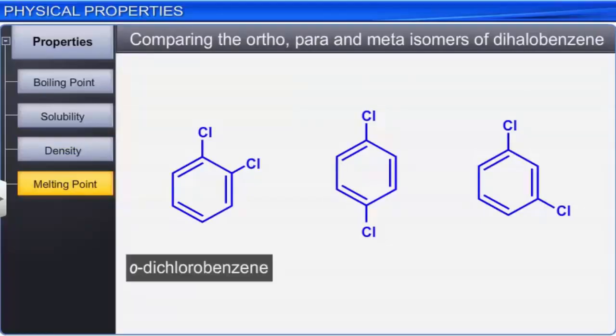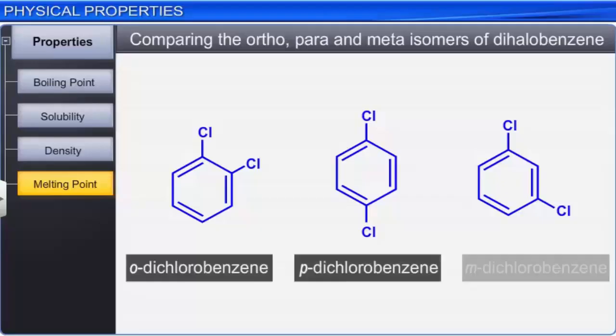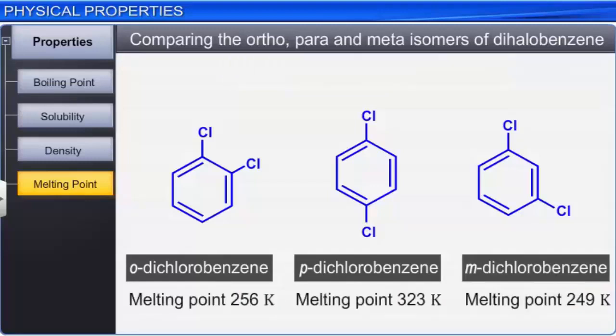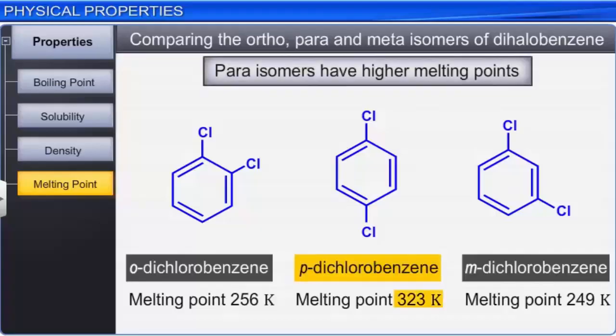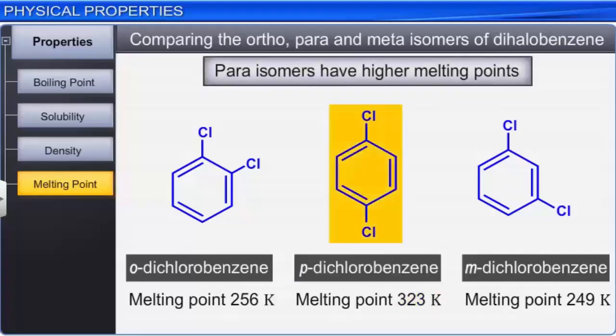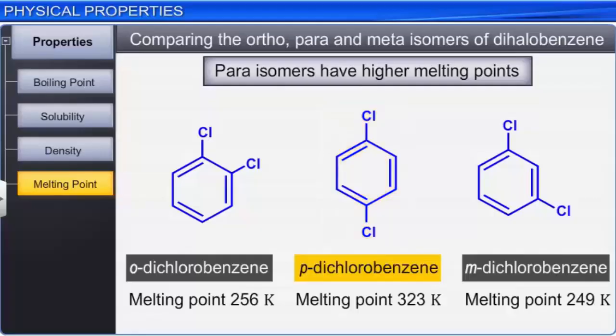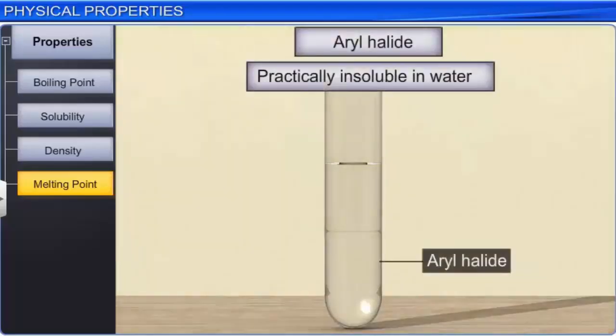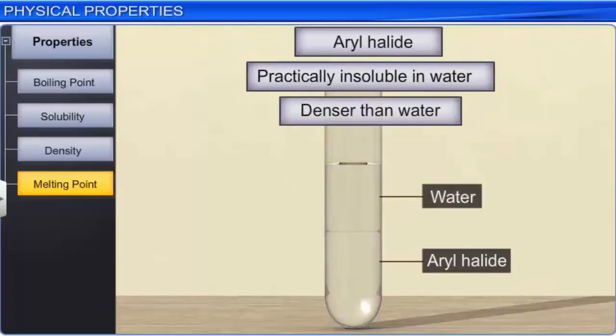If we compare the ortho, para, and meta isomers of dichlorobenzene, we see that their boiling points are nearly the same. However, the para isomers have higher melting points. The greater symmetry of the para isomers fits better into the crystal lattice, making the para isomers melt at relatively high temperatures. Aryl halides are practically insoluble in water and are denser than water.